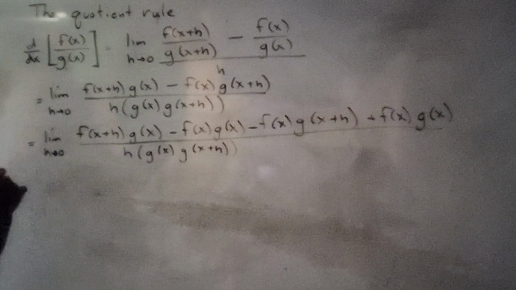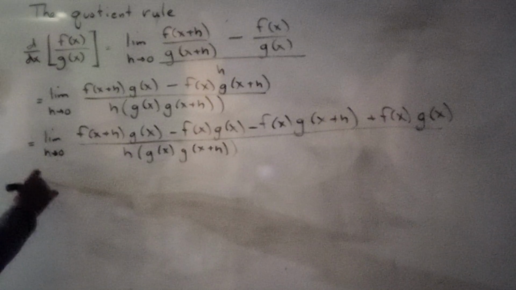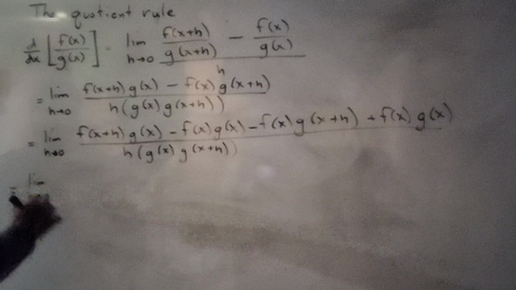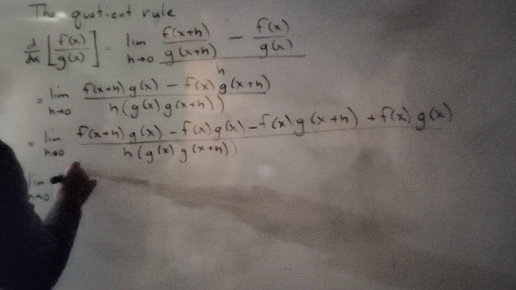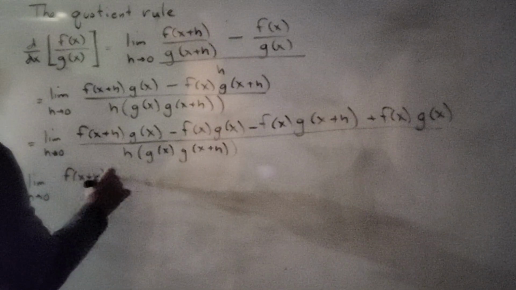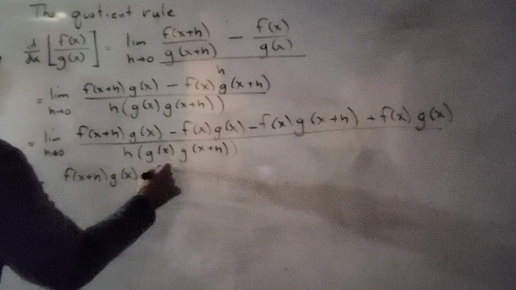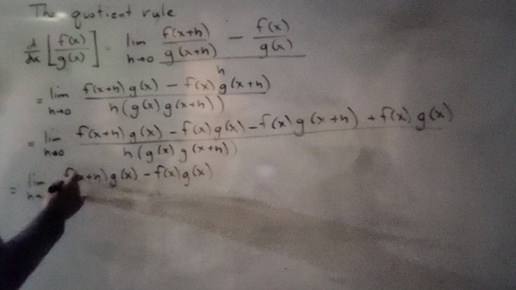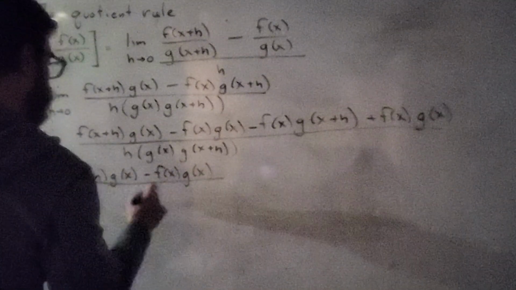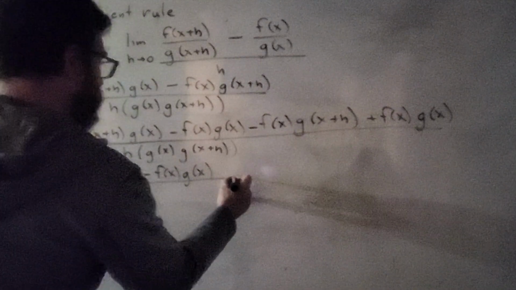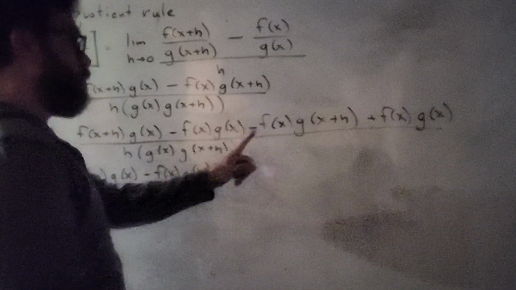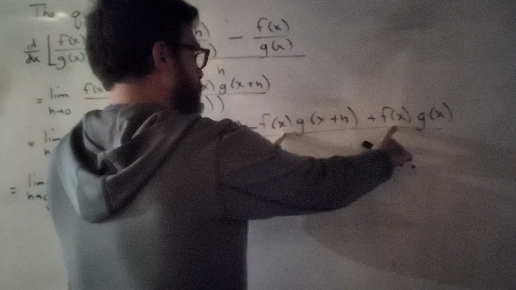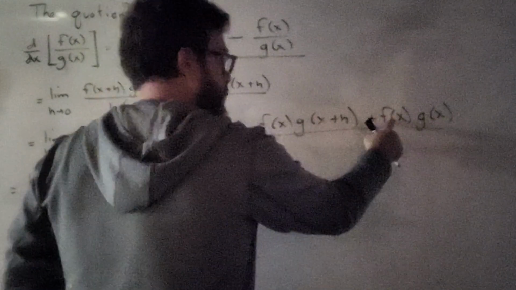So this is going to be the limit as h goes to 0 of f of x plus h times g of x minus f of x times g of x, all over h. Now I'm going to subtract because I want to group these two together, but I want this term to be positive and this term to be negative.